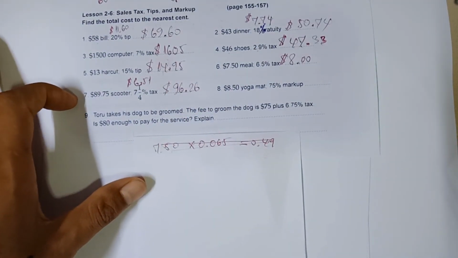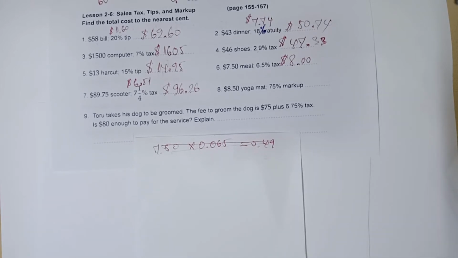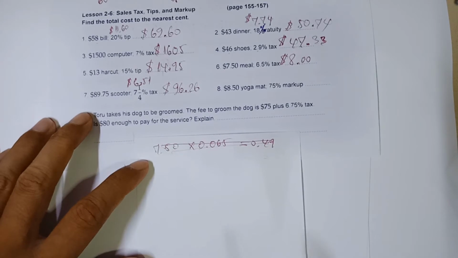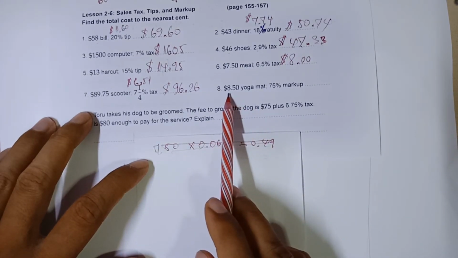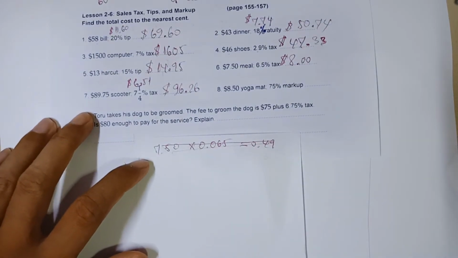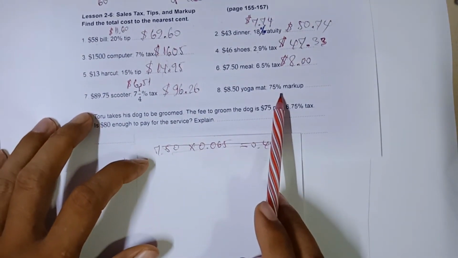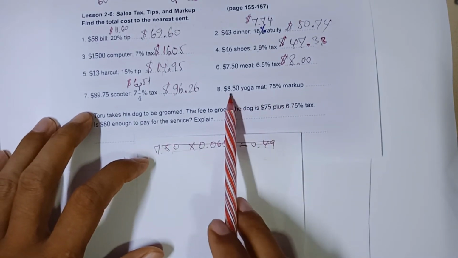Number 8, this is an 8.5 yogurt garment with a 75% markup. They increase the price. What will be the price after the markup, which means you increase the price by 75% of the original price.